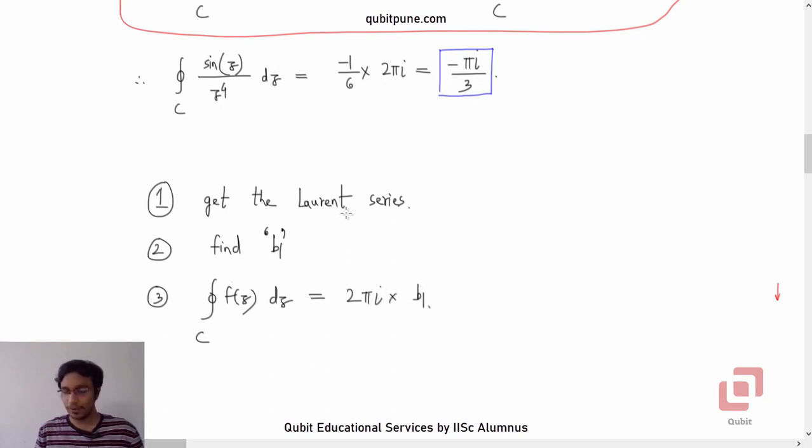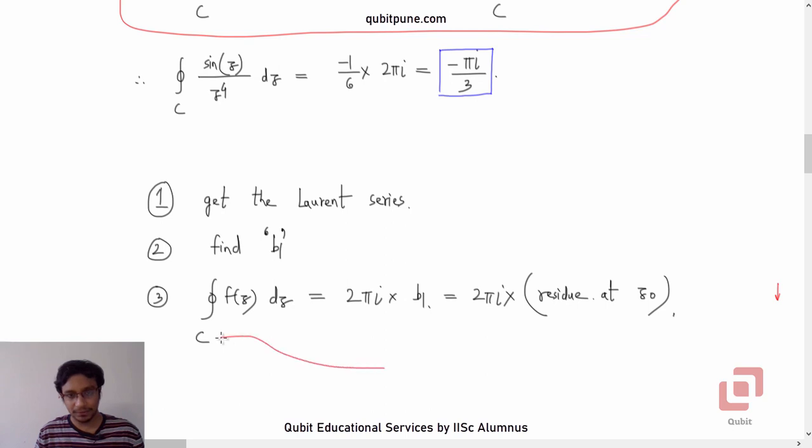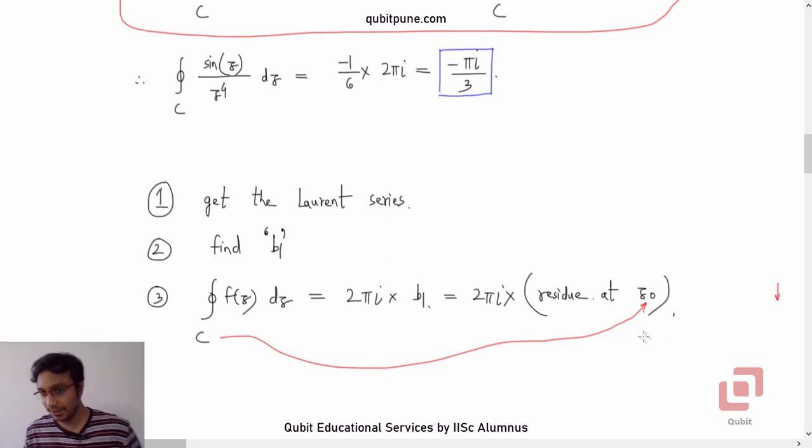This is what this problem has told us, or you can say that it is 2 pi i times the residue at z naught. So C is any closed curve which encloses z naught, and the function is not defined at z naught, or is not analytic. It is an isolated singularity.